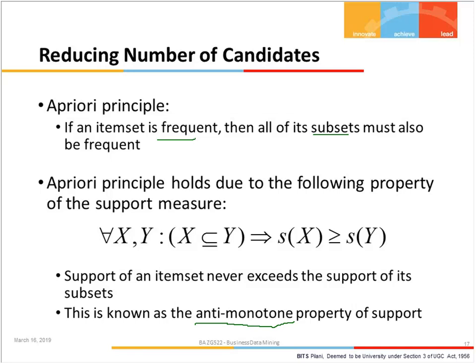Take the two-item set, lettuce and milk. How frequently will it be bought? It will be very infrequent because lettuce is never bought frequently. It is bought by only one customer in a day. So obviously, if you take lettuce and milk, the count can be at most one. It will be less than one. That means if lettuce is infrequent, any item set that contains lettuce will also be infrequent.